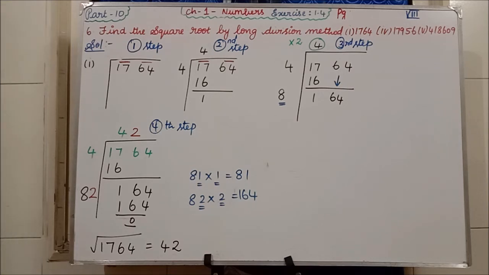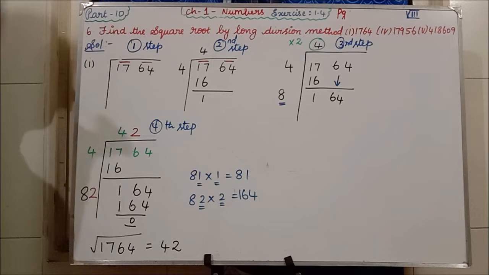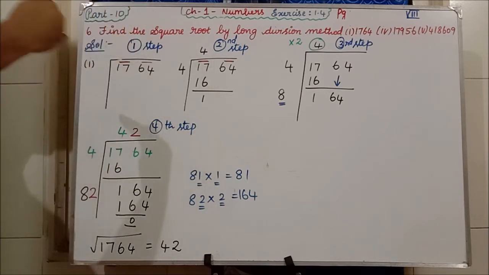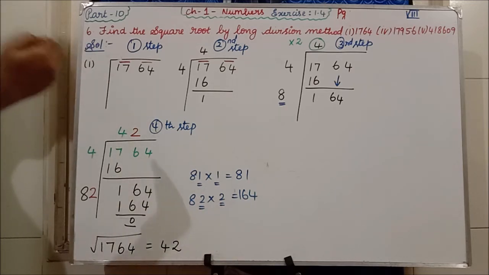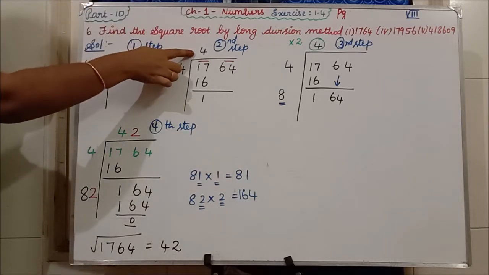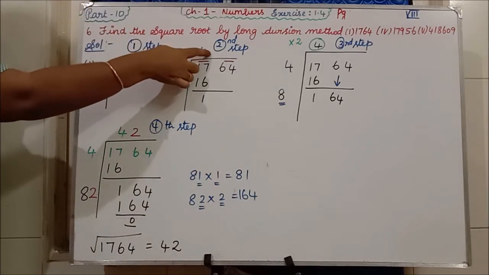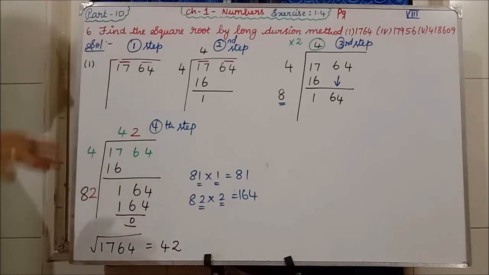Clear? Next, what is the third step? Whatever number you are writing in the quotient, for each step, you have to multiply that number with 2. Whatever number you are getting in the quotient, you have to multiply it with 2 always.